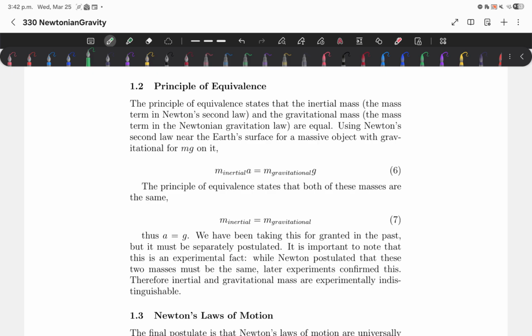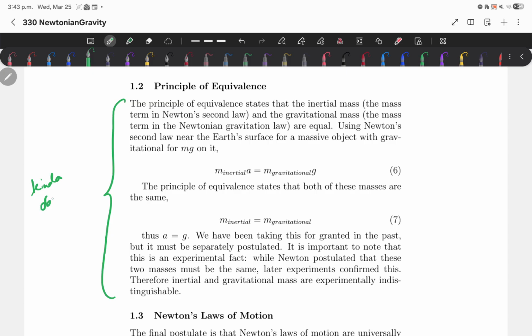In the mg law, the gravitational force law, it's not a given that the mass quantity here is the same as the mass quantity here. In other words, it's not a given that what we call mass gravitationally is the same as what we call mass inertially. So Newton separately postulated this, that the inertial mass and gravitational mass are the same thing.